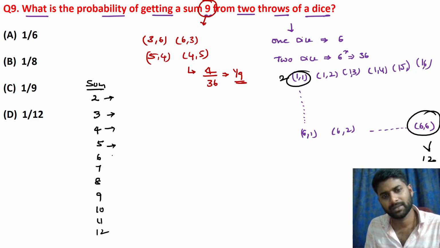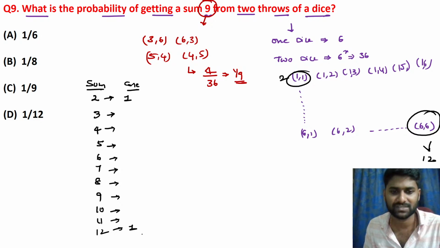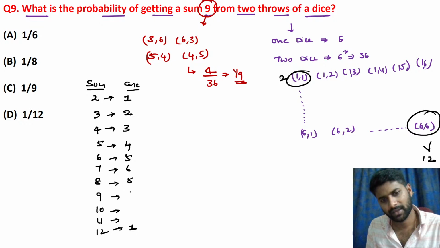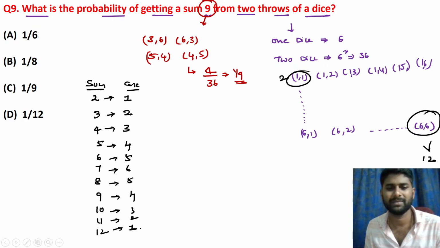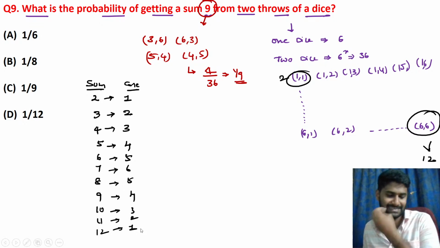Now if the sum becomes anything from 2 to 12, how many cases are possible? Simply remember: the minimum number 2 has one case and the maximum number 12 has one case. It starts with a 1, ends with a 1. So you can apply the palindrome simply: 1, 2, 3, 4, 5, 6, 5, 4, 3, 2, 1. Why? Because the maximum we can see on a die is 6.